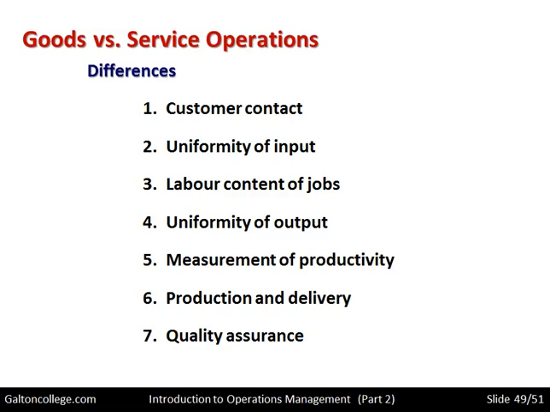The production and the delivery, as I said in the previous point, are simultaneous in the case of services. Well, with quality, if the production goes wrong and the delivery is bad, the feedback is almost immediate, unless the customer is very passive.